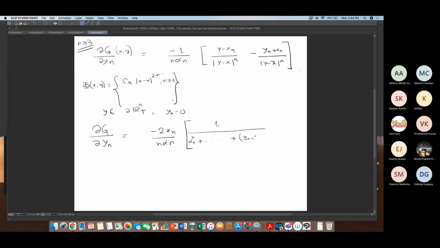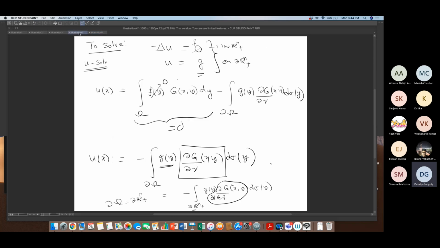So xn, 1 whole square, n by 2. Minus of del g by del yn is called the Poisson kernel, and y is in del Rn. Clear?